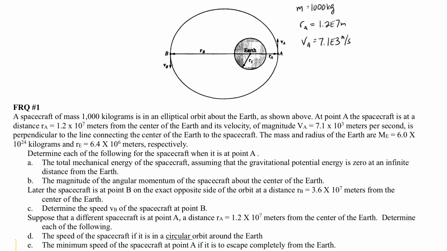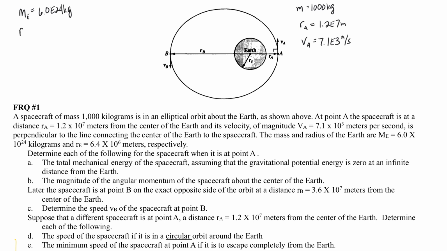Now this part is just to make clear what's happening. The velocity is perpendicular to the line connecting the center of the Earth to the spacecraft. So they're being very specific that that's a right angle. It says determine each of the following for the spacecraft, but they also give the mass of the Earth as 6.0 times 10 to the 24th kilograms.